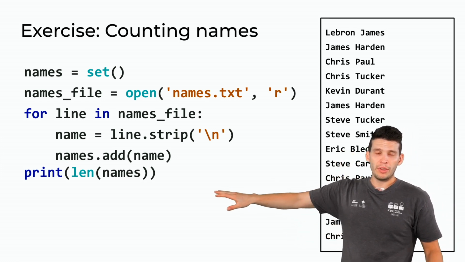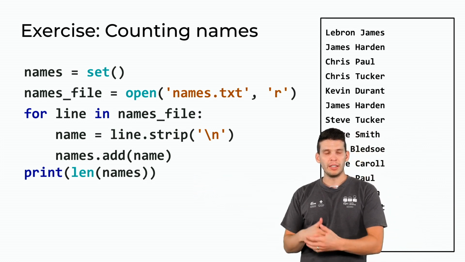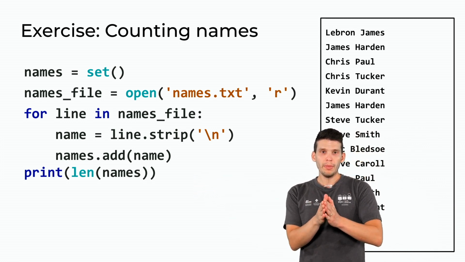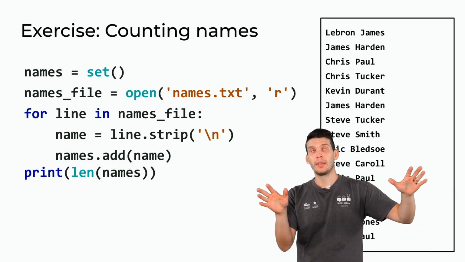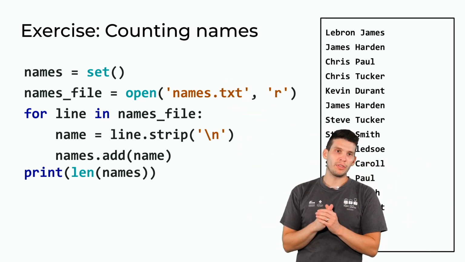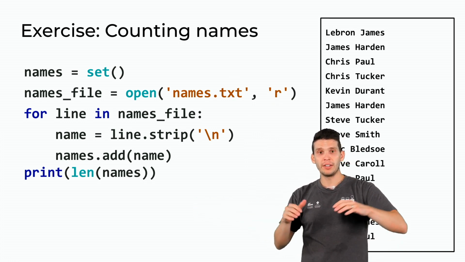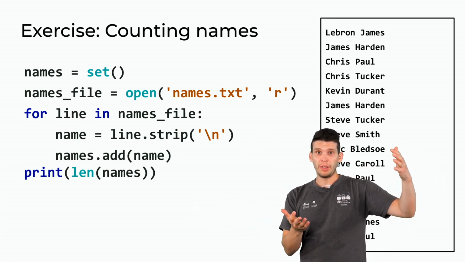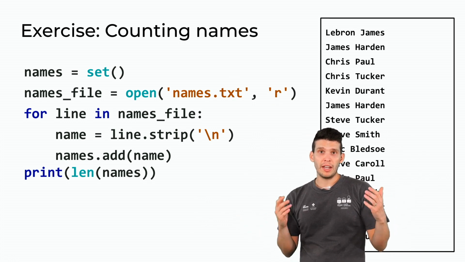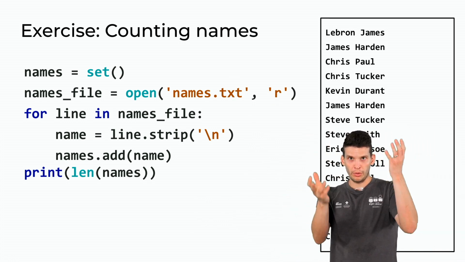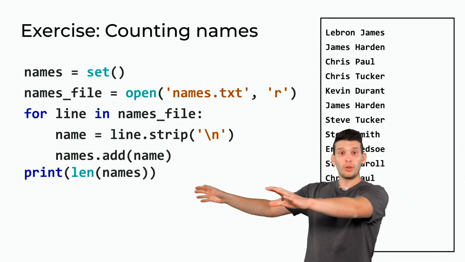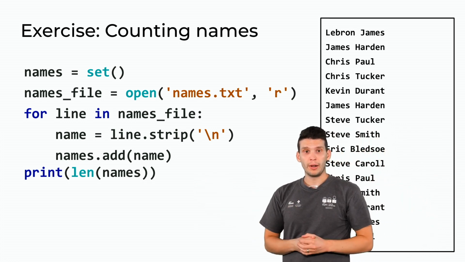So by the time the loop finishes and we go to print out the length of names, none of the duplicates will still be there. All of the duplicates will have been eliminated, and every name that was in the file should only show up one time, at least the pairs, first and last. And so we'd get the actual count right there.